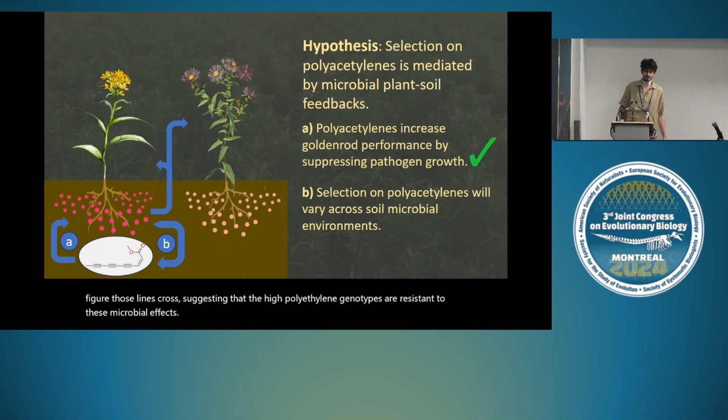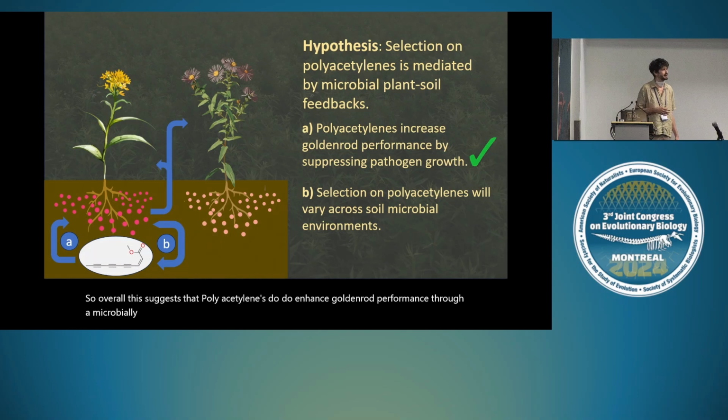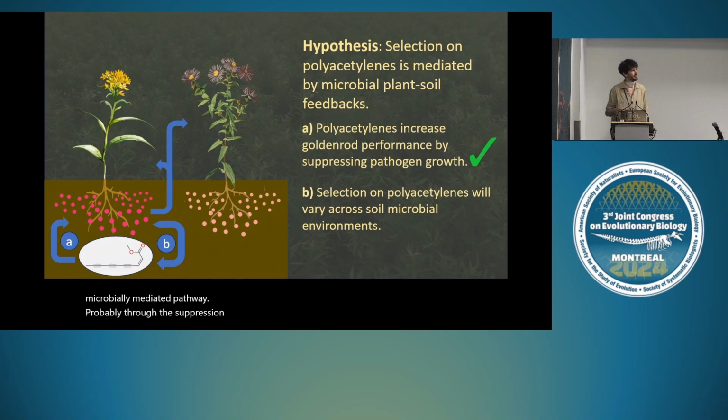So overall, this suggests that polyacetylenes do enhance goldenrod performance through a microbially mediated pathway, probably through the suppression of pathogens, and selection on polyacetylenes does vary across microbial environments.